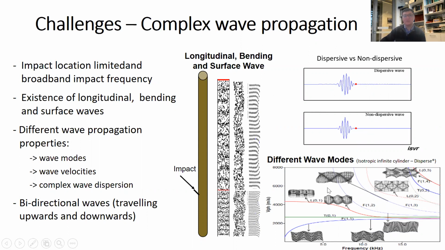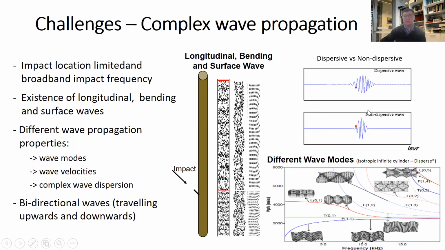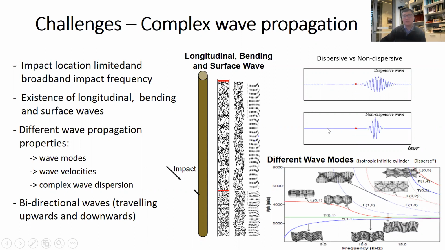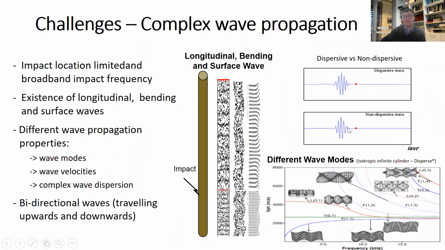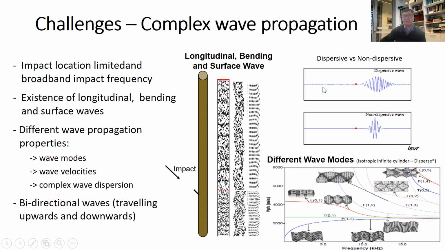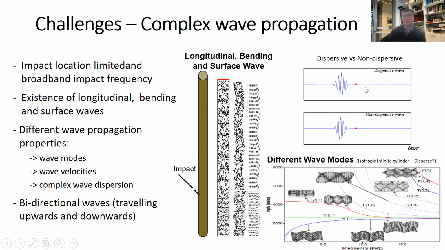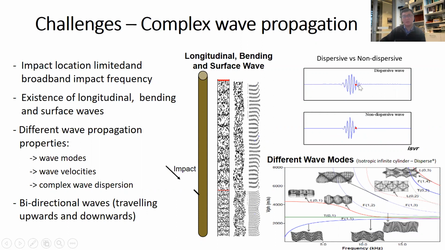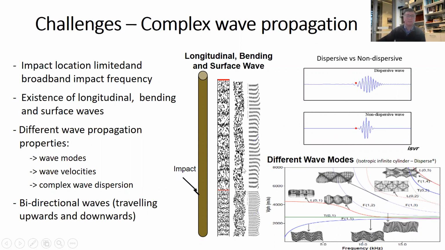What is the difference between dispersive and non-dispersive waves? Most people probably imagine wave propagation as non-dispersive, quite intuitively, because the wave doesn't change frequency and pattern. But in most cases, in the dispersive case, the pattern and frequency will change along the propagation. That makes things much more complicated.